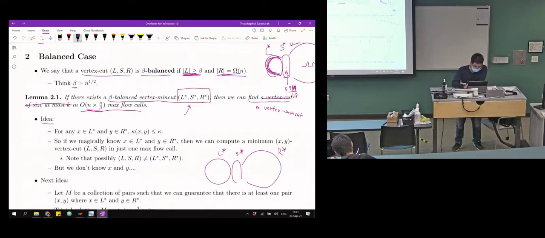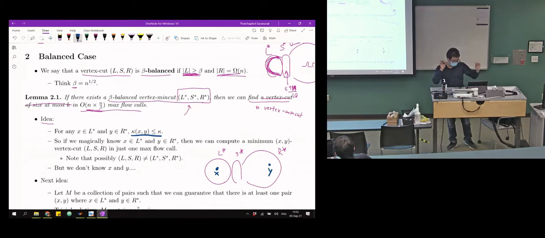And if suppose somehow that I know X in L star and Y in R star, then I would be done actually. The reason is that first note that the cut size, the minimum separator between X and Y, would be less than kappa, because this is a cut that separates X and Y too, right?